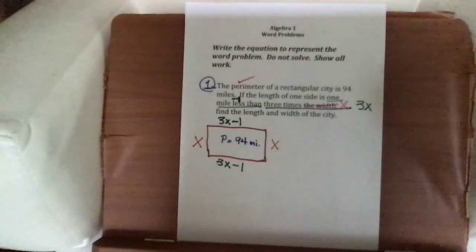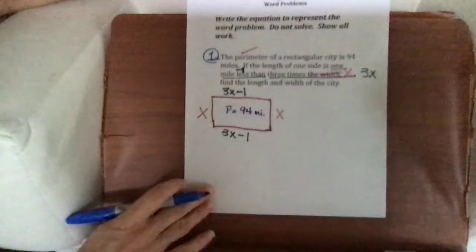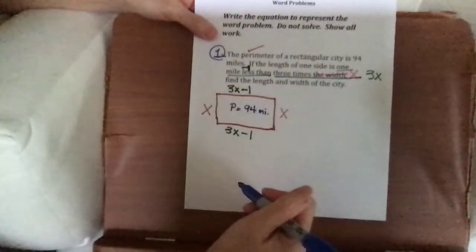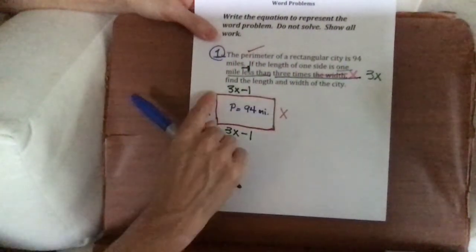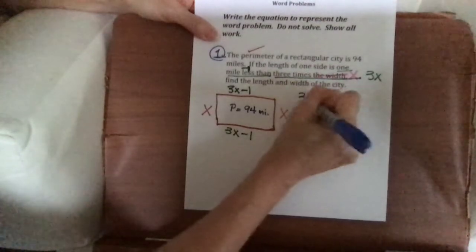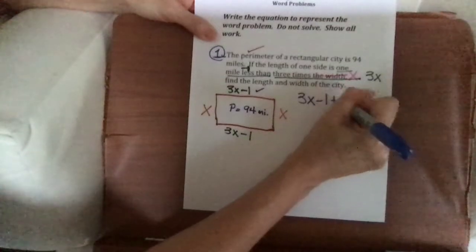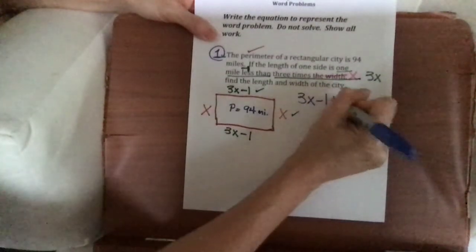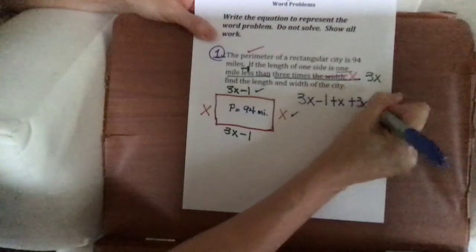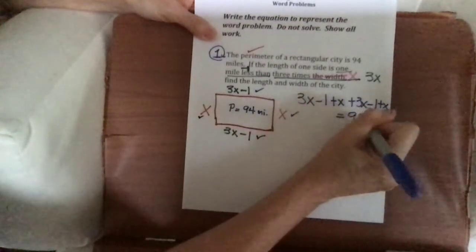Now we are in business to write the equation for this problem. As we said before, perimeter is adding up all the sides of the figure, no matter how many sides it has. So I'm going to start at the top, and I'm going to say 3x minus 1, got that guy, plus x, got that guy, plus 3x minus 1, got that guy, plus x, equals 94.